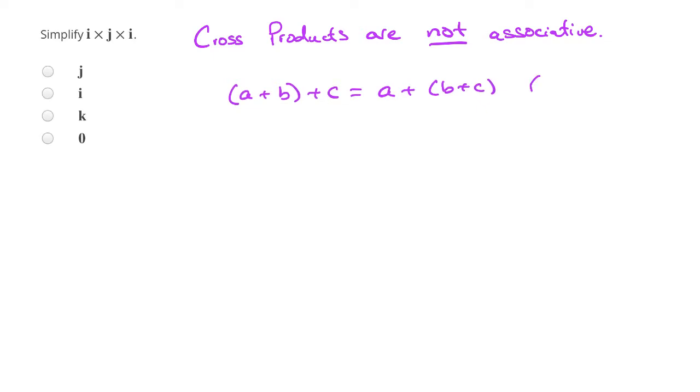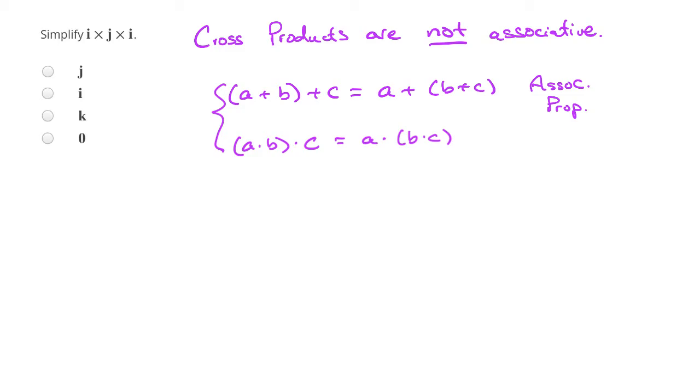The associative property told us that we were going to get the exact same answer either way. And we had the same thing for our usual multiplication. If we had a times b times c, then that was actually going to be equal to a times b times c grouped the other way. So for our usual notions of addition and multiplication, we had the associative property.